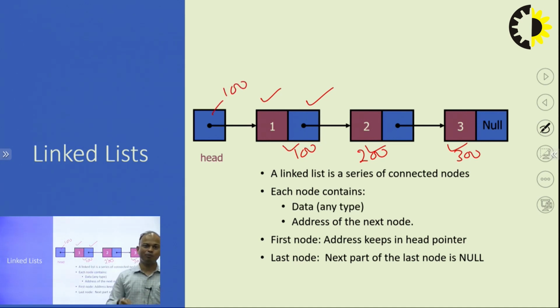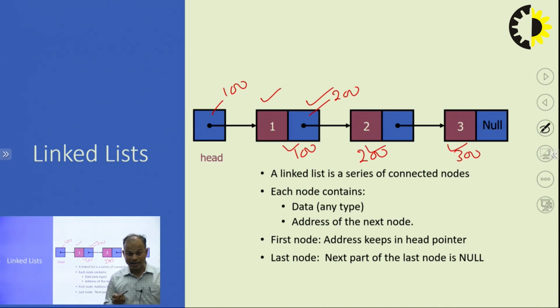Through the head pointer we can access the first node, and after reaching the first node we can reach the second node. The first node contains the address of the second node, which is 200.